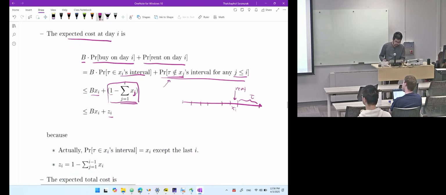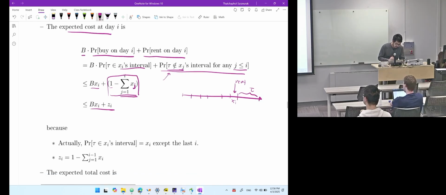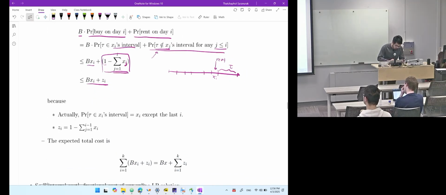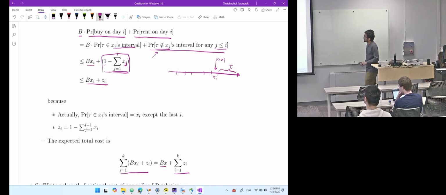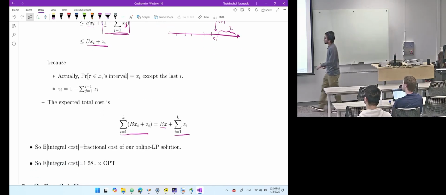So the cost is basically this much, right? And when we sum this up, it's b times x plus the sum of ci. So it means that our expected integral cost is exactly the same as the fractional cost in our online LP.